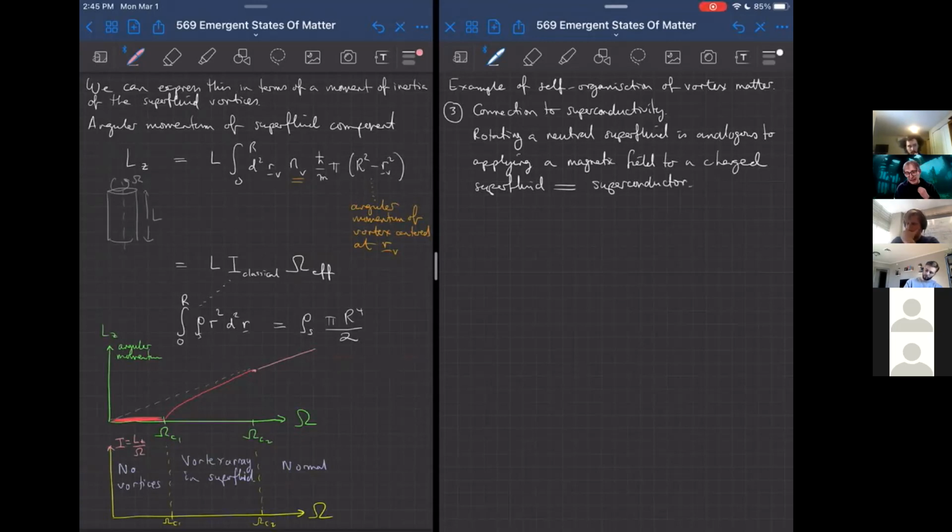And basically, you can think of that as being, just because of the way that a magnetic field causes electrons to rotate, if you like. Both of these things generate vortices. So both generate quantum vortices.